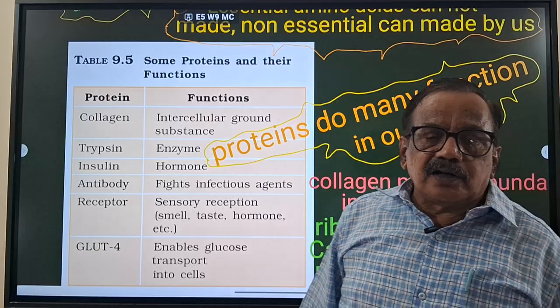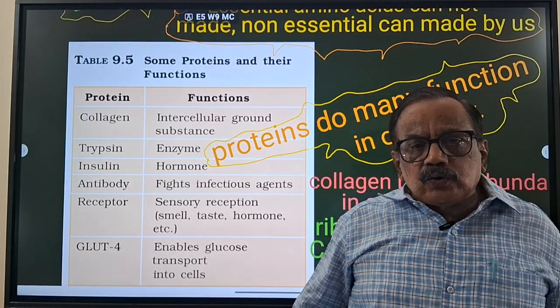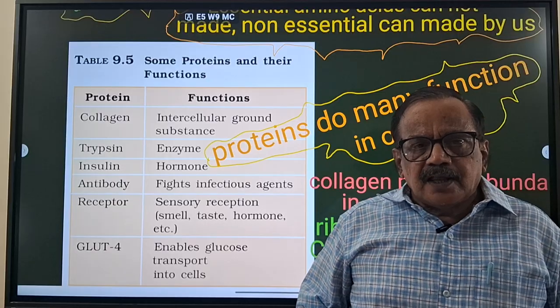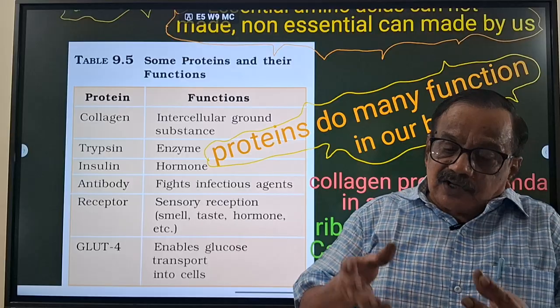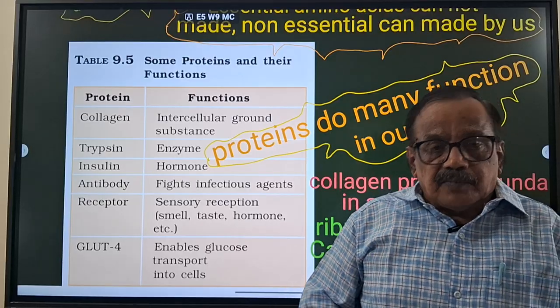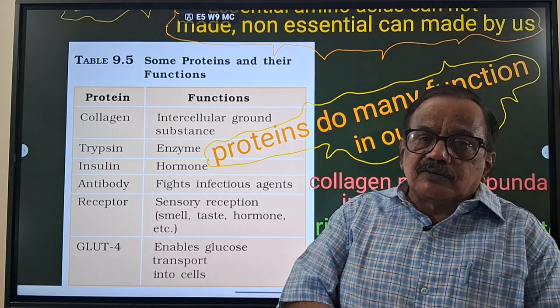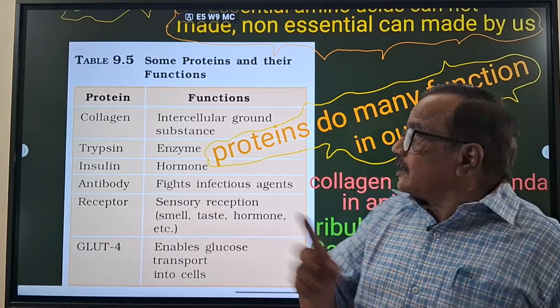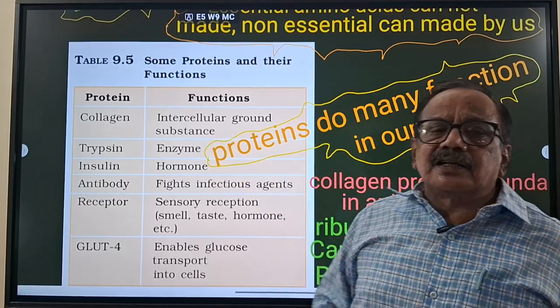Collagen protein glues the cells in the tissue. Unicellular or multicellular organisms attach one cell to another, and humans are also multicellular. So how are the cells glued? It is by the intercellular ground substance, also called intercellular cement.